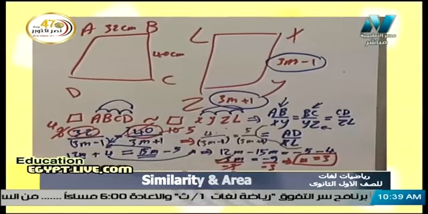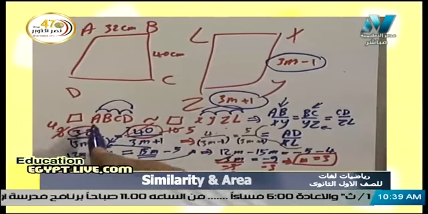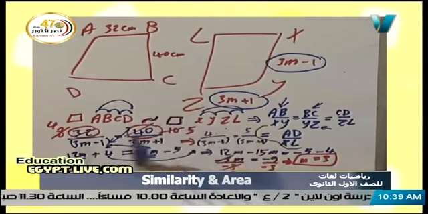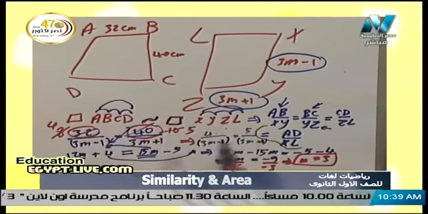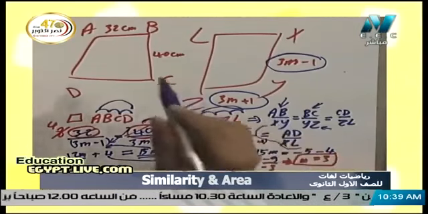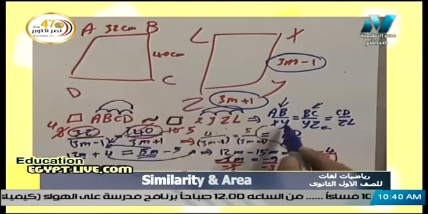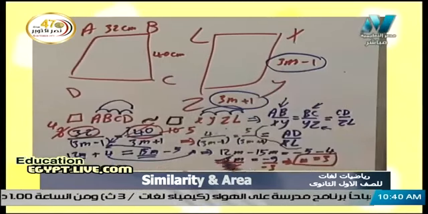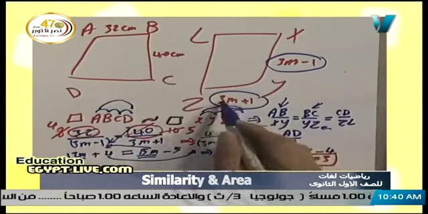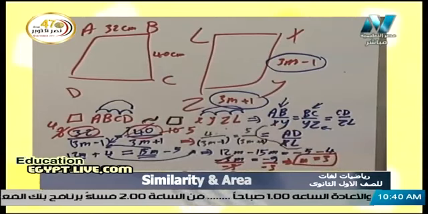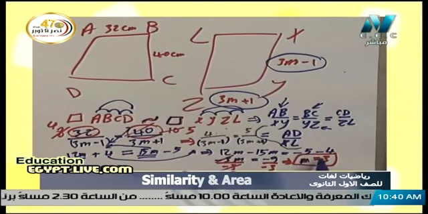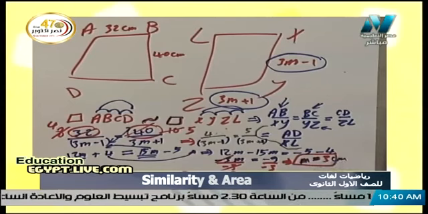We solved it by saying quad ABCD is similar to quad XYZL, and we applied the similarity ratio. AB equals 32, XY equals 3m minus 1, BC equals 40, and YZ equals 3m plus 1. We make cross multiplication, and when we solve the equations we find that m equals 3 centimeters.